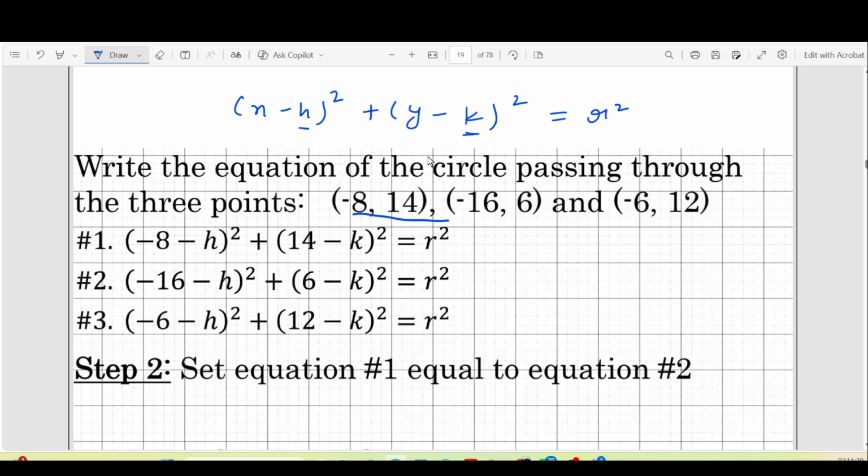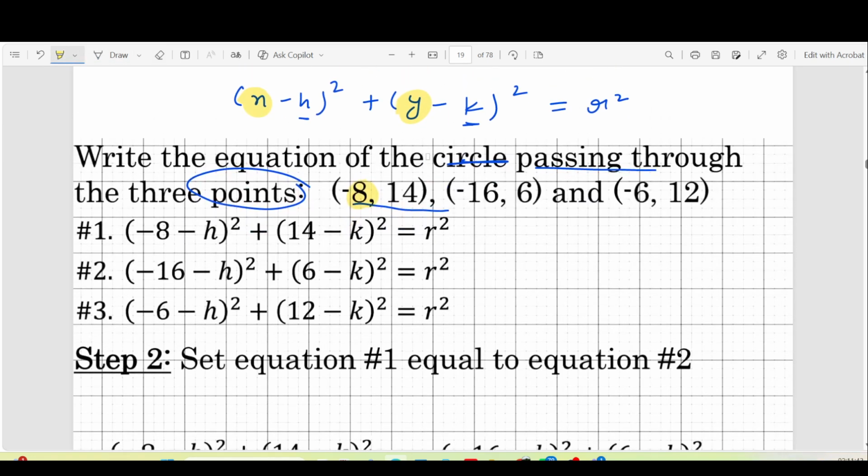These are just 3 points passing through the circle. So we plug these points in place of x and y, and we have three equations, and we got three equations.